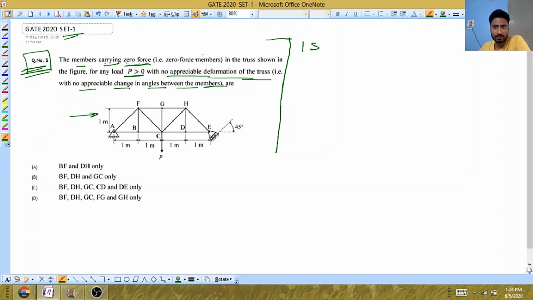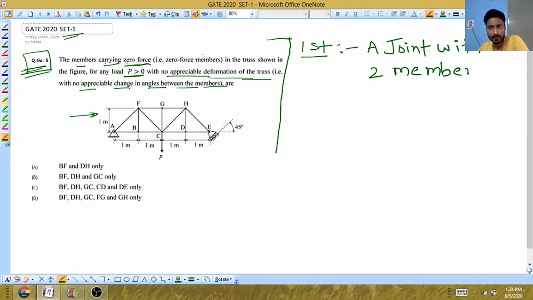The first point is a joint with two members. Let me take this as the joint. Suppose I have taken two members.